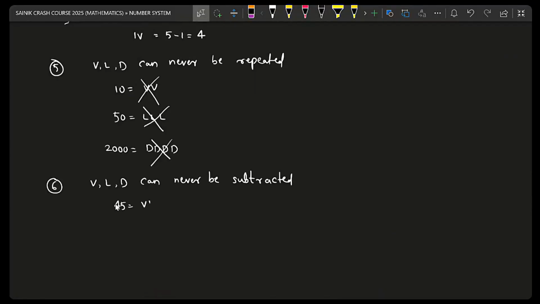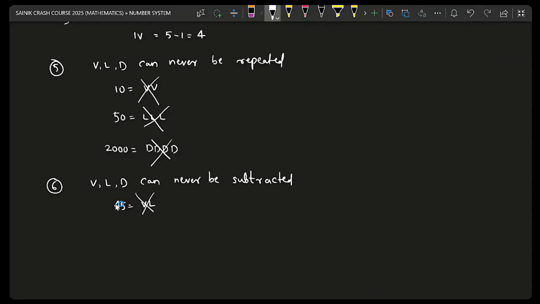We cannot write VL. Why? Because V is smaller and L is greater. That means I want to subtract V from L. This is a wrong way of writing. Why? Because V cannot be subtracted from any number, L cannot be subtracted from any number, and even D also cannot be subtracted from any number. So this is the wrong way of writing.